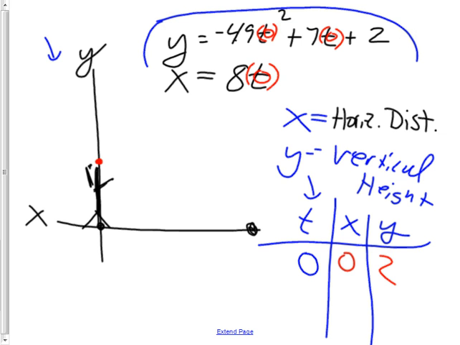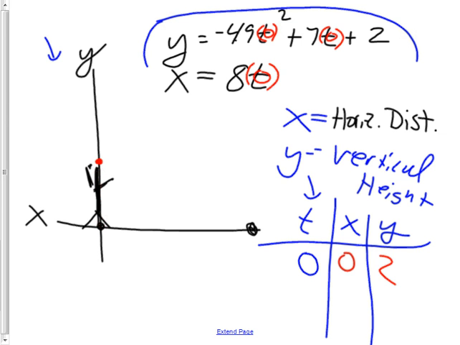It's not because time is 0. The distance horizontally is 0. It hasn't moved yet horizontally. Why does it have a y distance? Because it's off the ground by 2 meters. That's why, because when you throw it from up here, it's a couple meters off the ground. Okay, good. So that's 1 point.